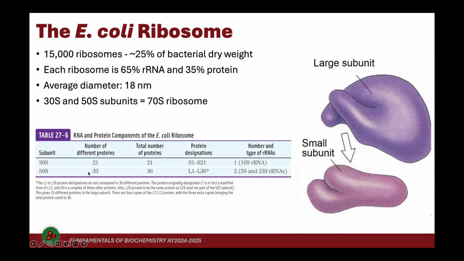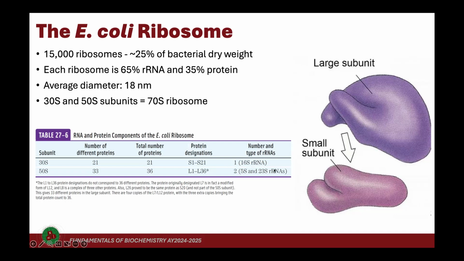So if we look at the detailed composition, there is at least one RNA for each subunit. For the 30S subunit of the E. coli ribosome, there is one RNA molecule, and if you isolate only this RNA molecule, it's 16S.